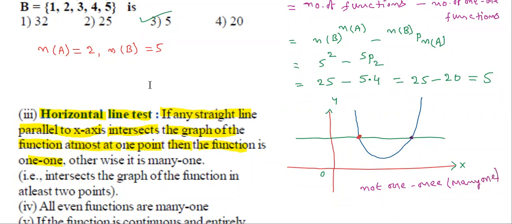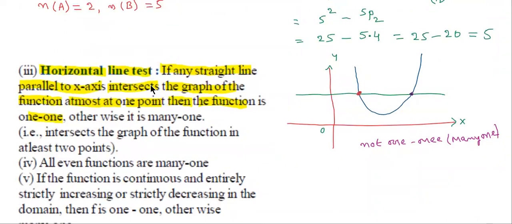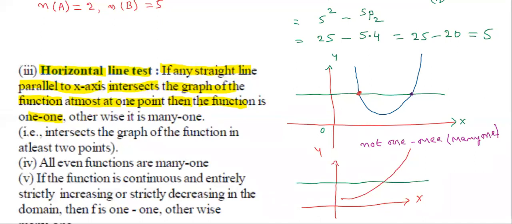Okay. So I will draw one more graph. This is the coordinate system, x-axis. This is the y-axis. If the curve is strictly increasing or strictly decreasing, any one of the curves you can take. Draw the line parallel to the x-axis.